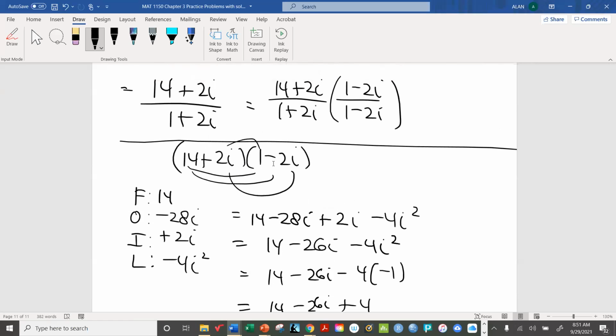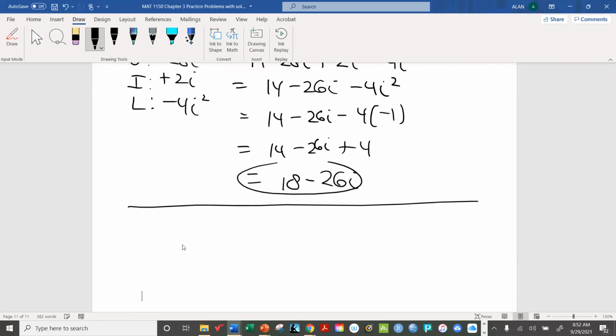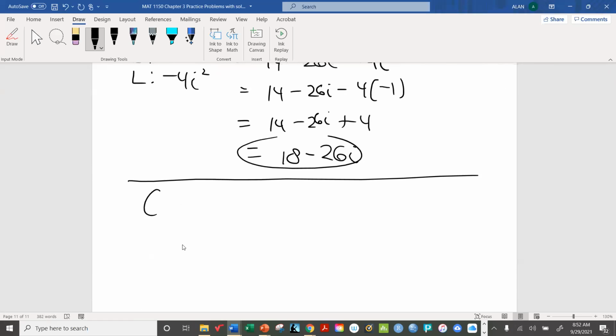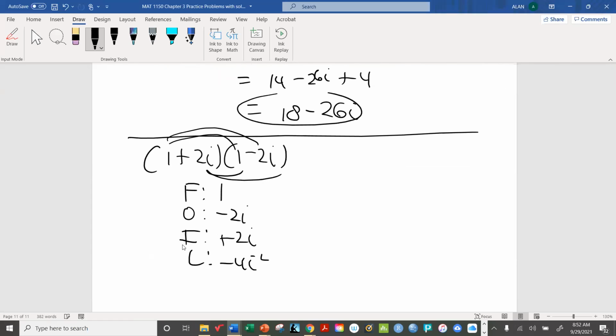Now for the denominator, 1 plus 2i times 1 minus 2i. We're guaranteed to get a constant. One minus 2i plus 2i, minus 4i squared.